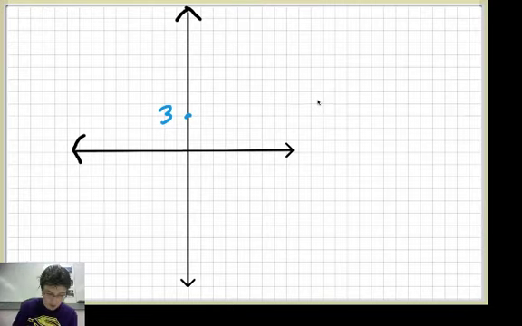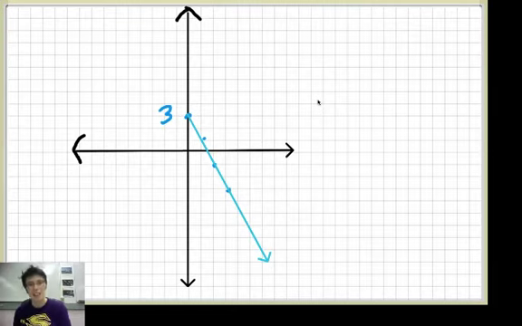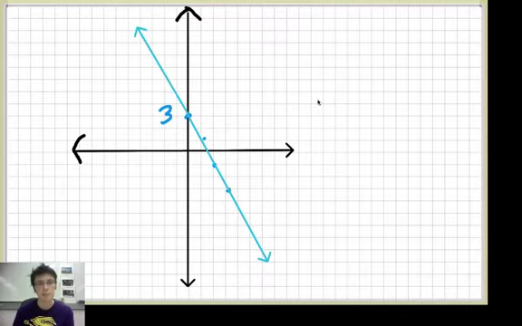It's a little harder on the iPad, but down 2 over 1. So I'm going to get a line that goes through those points, and it's going to extend both ways, so it's going up that direction as well.